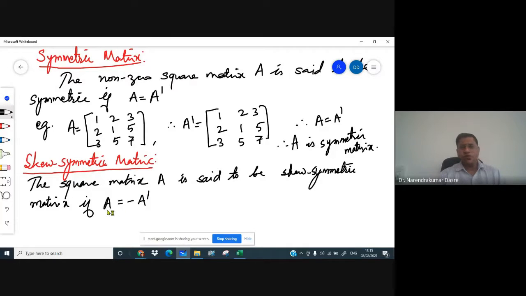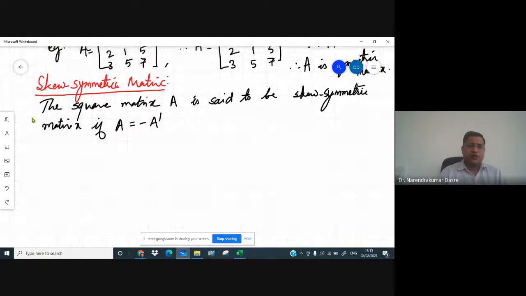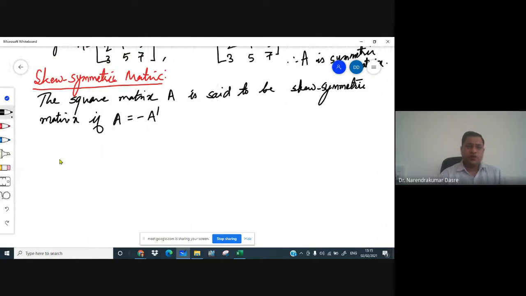When we have a matrix A which is the negative of its transpose, then we say it is going to be a skew symmetric matrix. So we have symmetric matrix, we have skew symmetric matrix. Let us see an example of a skew symmetric matrix.